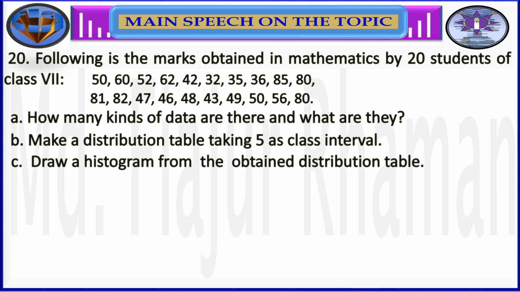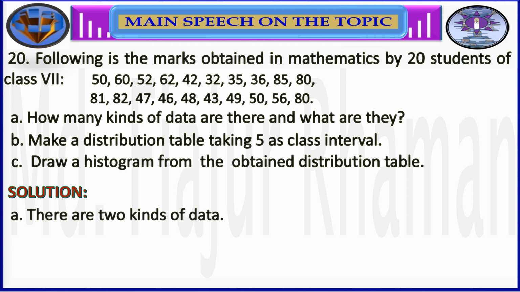Let us start to answer the question A. The first part of the question is how many kinds of data are there. Solution of A. Answer of the first part. There are 2 kinds of data.